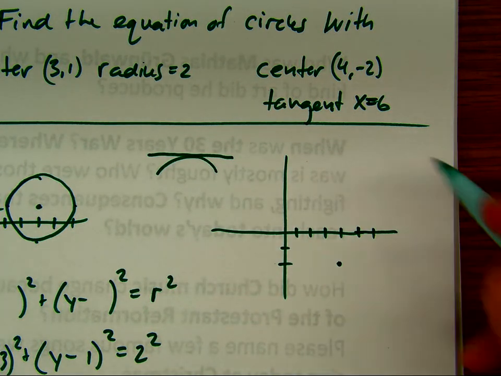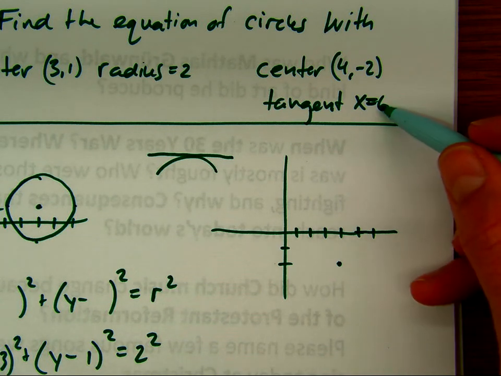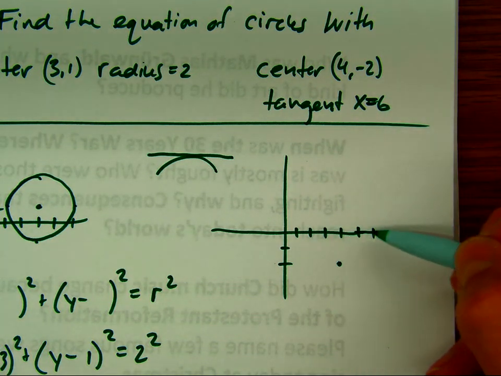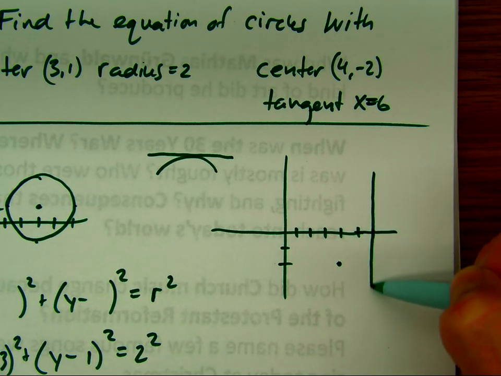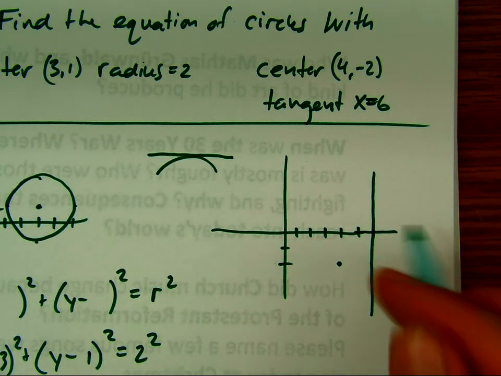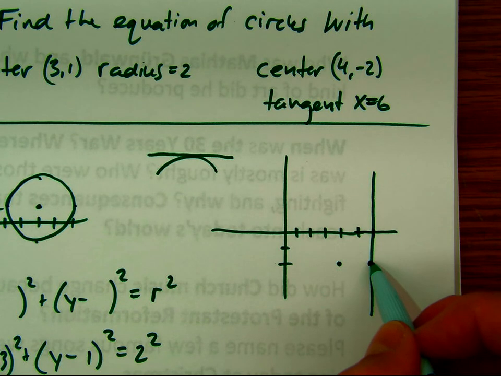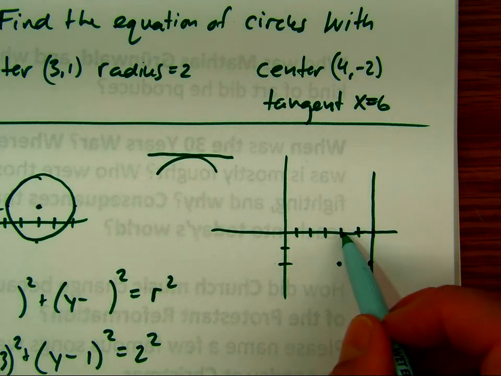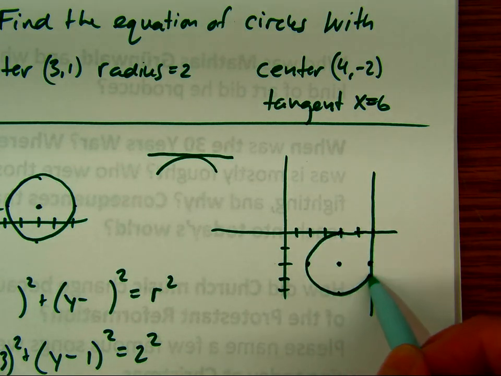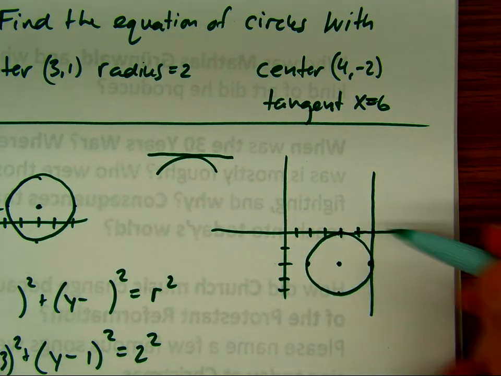So x equals 6 is the equation of a vertical line, 1, 2, 3, 4, 5, 6. So we have a vertical line like this that is right on the edge of the circle. That means the circle must go to this line, 2. That means we're going out 2 that way, up 2 and down 2. And that tells us what the radius is, because the tangent is at 6.